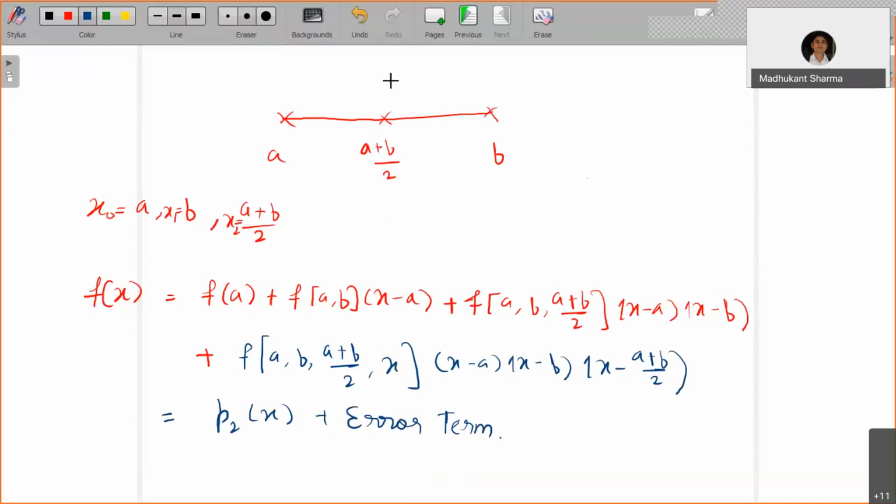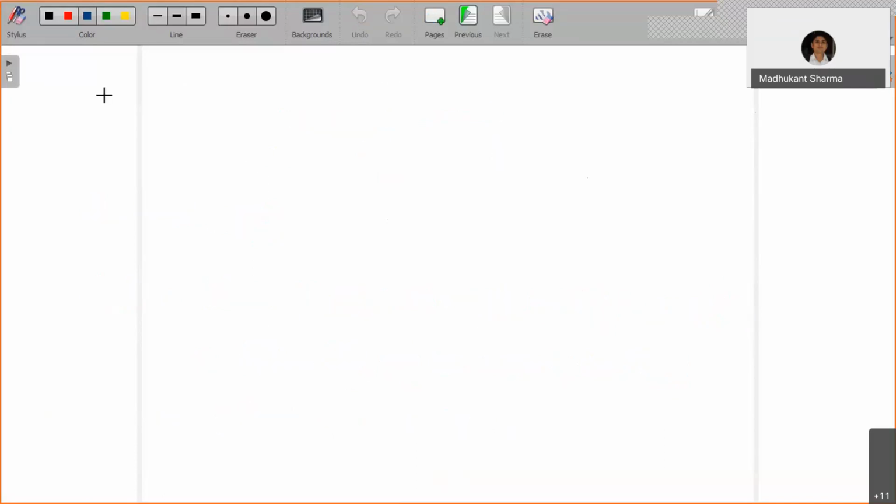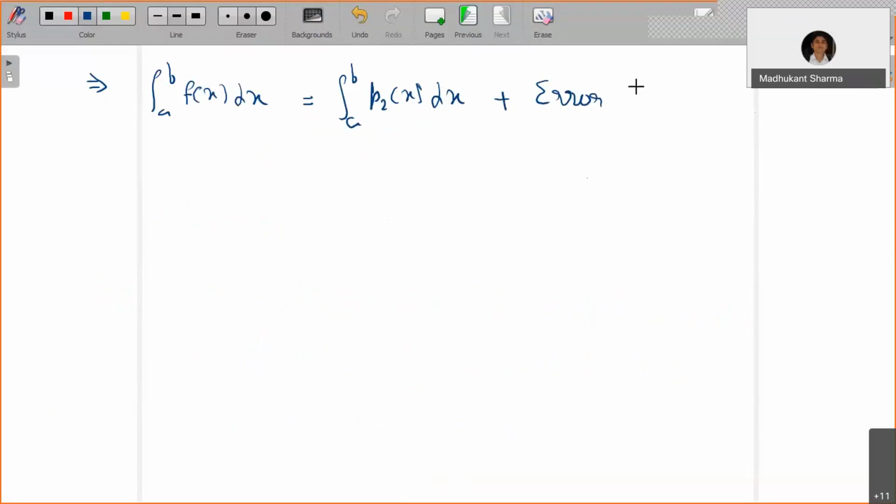Now first we will go for integration. This implies the integration from a to b of f of x dx is the integration from a to b of p2 of x dx plus the error term, which we are going to calculate separately.